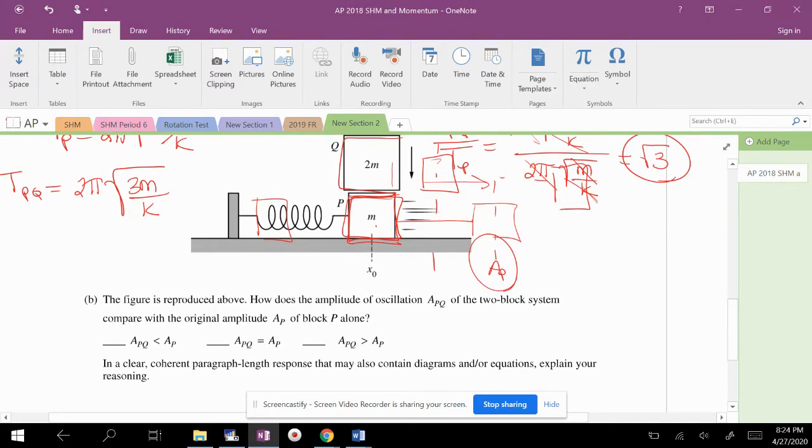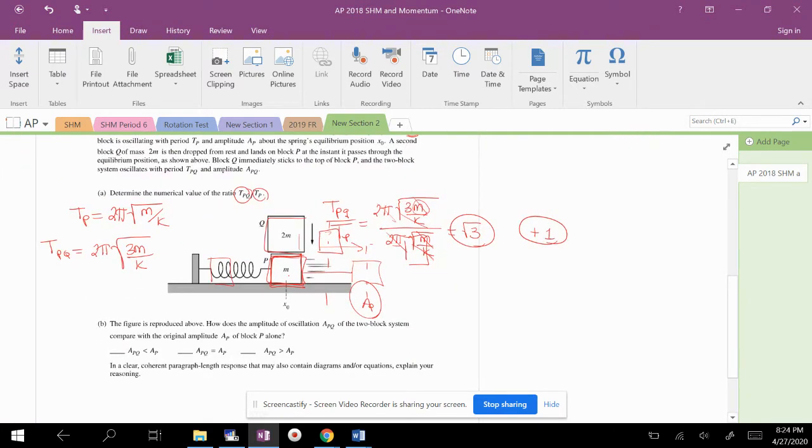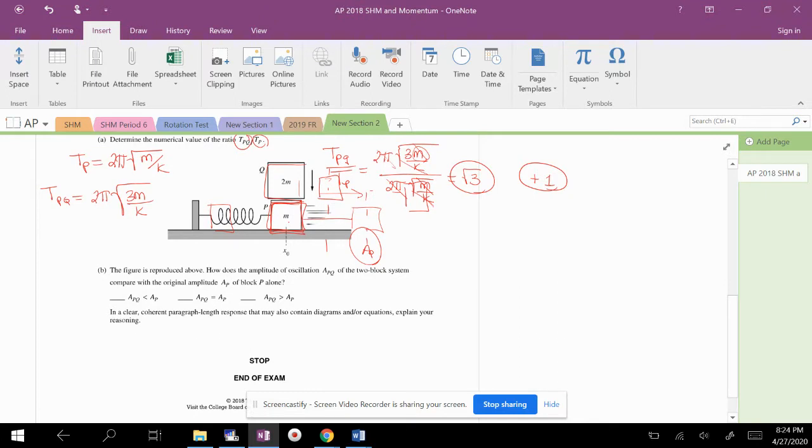This class is called physics because it is about the physical world, and you should try to picture what's happening physically. So what does your gut tell you about what's going to happen when this thing is plopped on? Some of you might say, well, the period doesn't have amplitude in it, so does it even change?